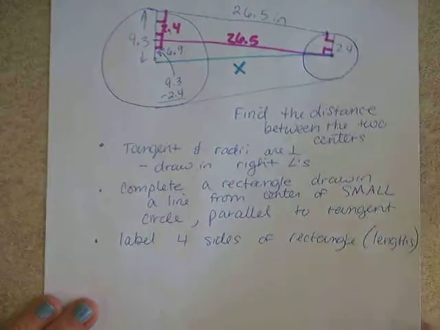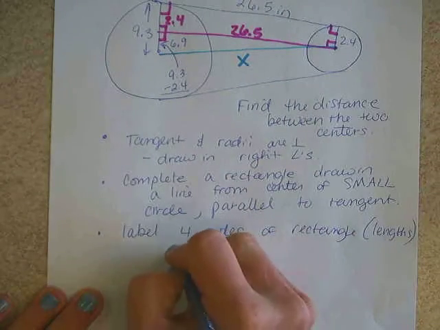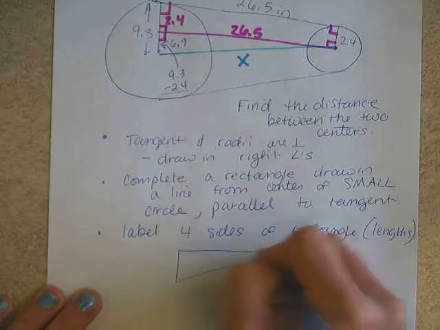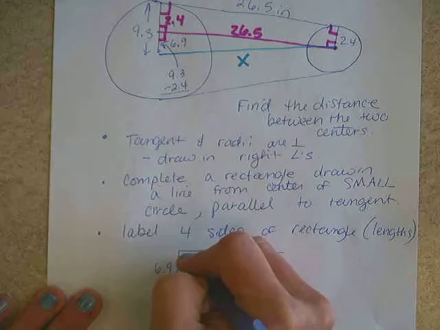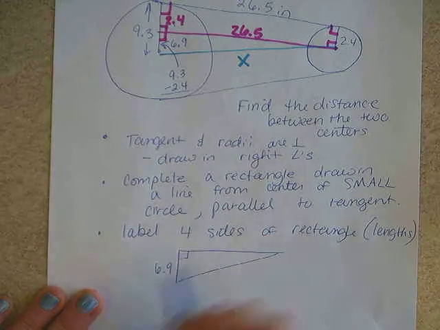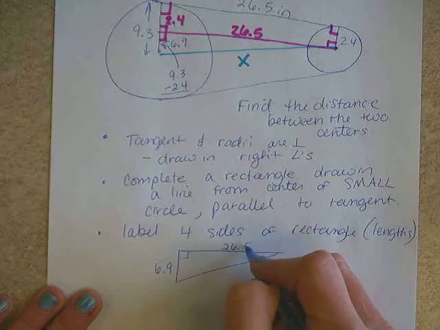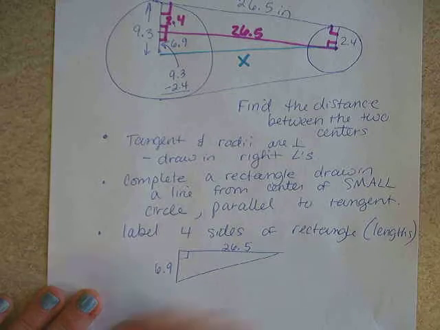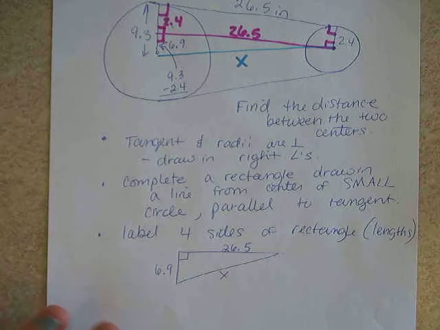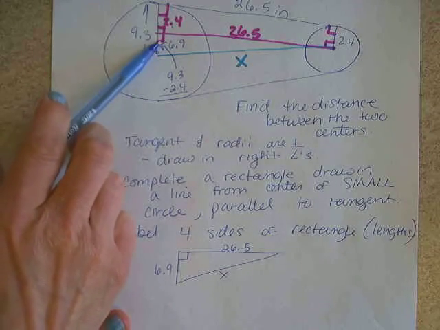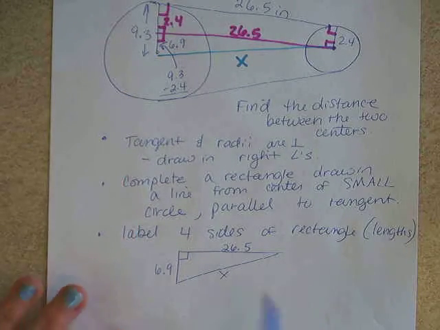Now the rest is the only calculation that you have to do besides subtracting to find that piece. I'm going to draw it out so you can see exactly what I'm looking at. This is 6.9. That's a right angle. This is 26.5, and that's x.